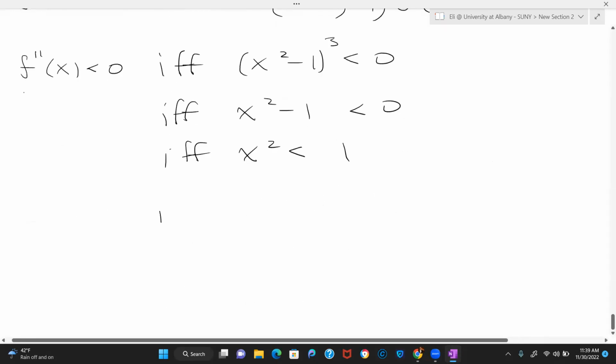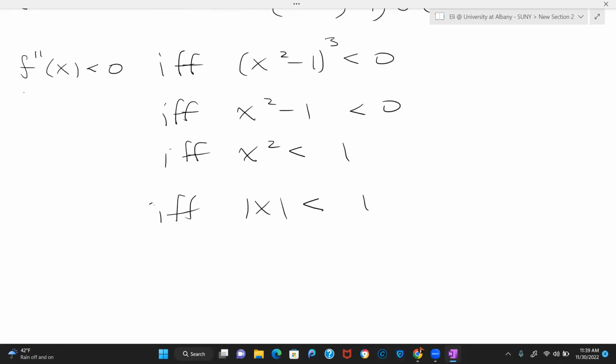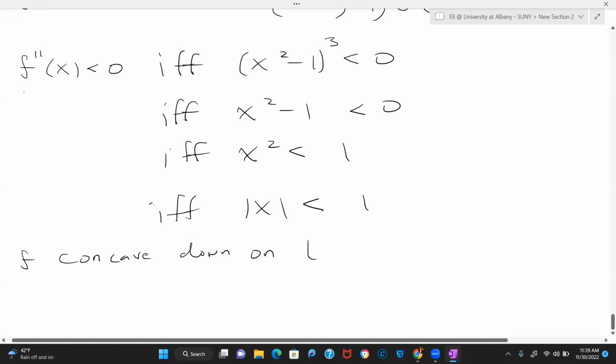Take the square root. The absolute value of x is less than one. So this means that f is concave down on the interval. This inequality corresponds to the interval negative one to one.